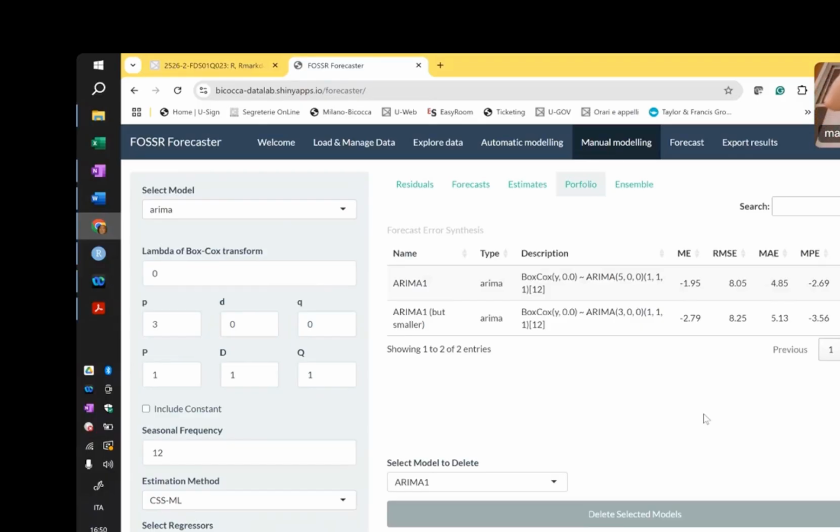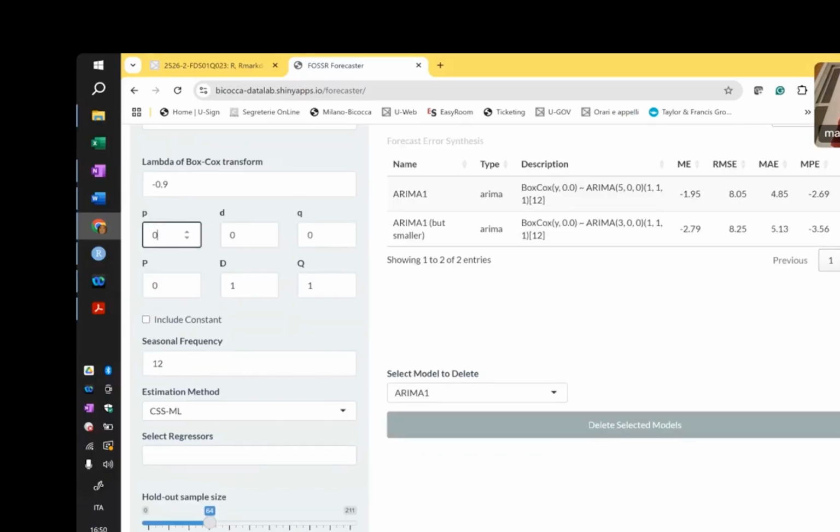Let's try another ARIMA model when we go with the minus 0.9 here, for example. Maybe we can just leave things like this and look at the residuals.